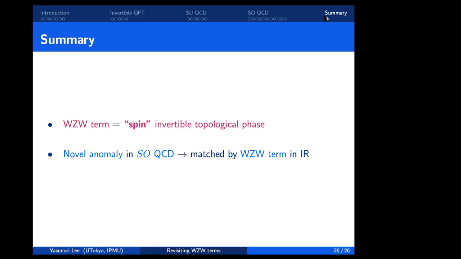And yes, they are intimately connected. I intentionally did not write that in this talk slide, but yes, there is indeed a connection between the gamma 5 and the Chern class.